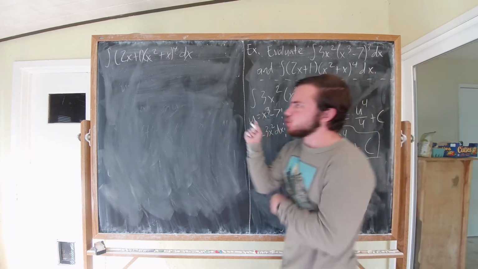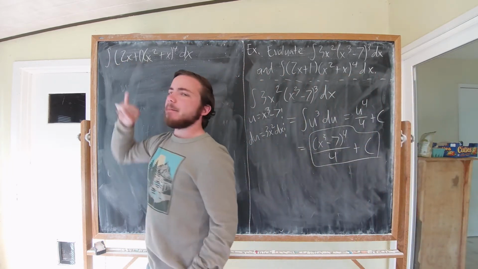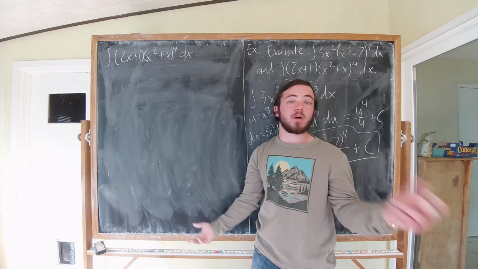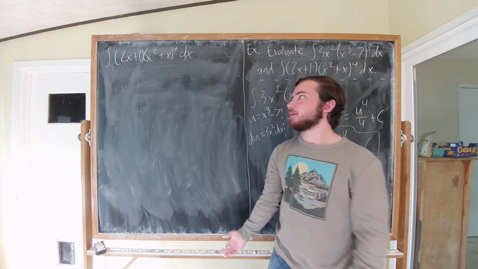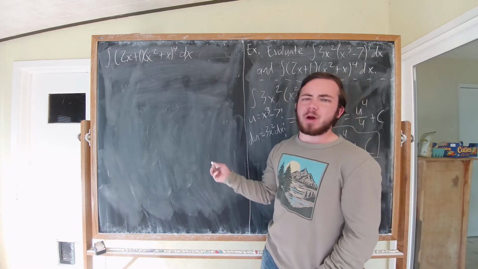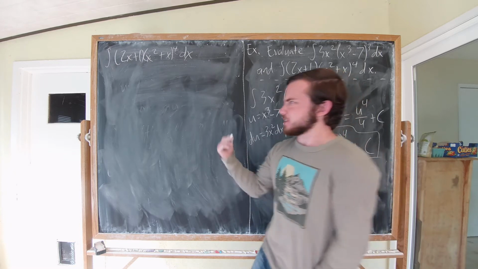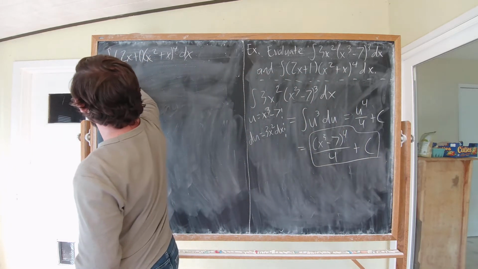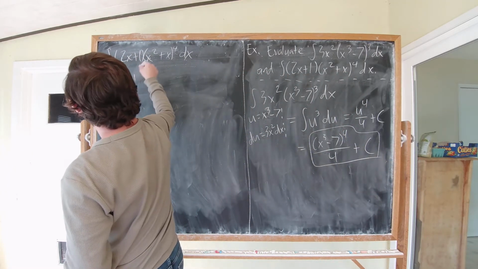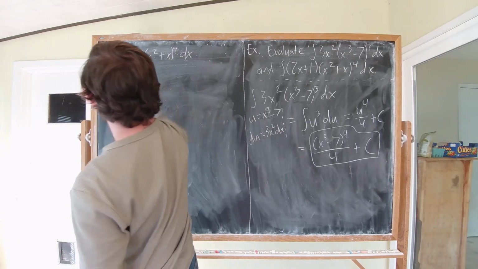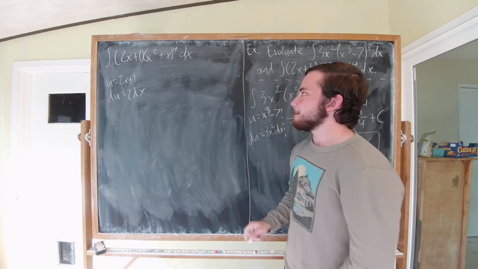It seems like there's two groupings, and we're trying to figure out which one is more complicated in terms of what we should make our u sub. Well, okay, let's try one u sub, and we'll see why it's not a good choice. Let's say you were like, okay, let's let u equal 2x plus 1. And then du would be 2 dx.